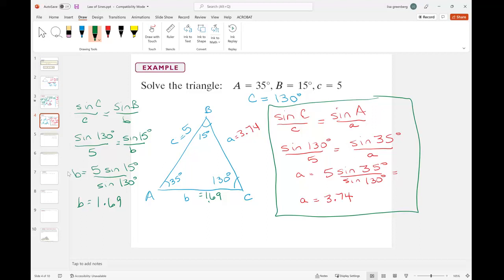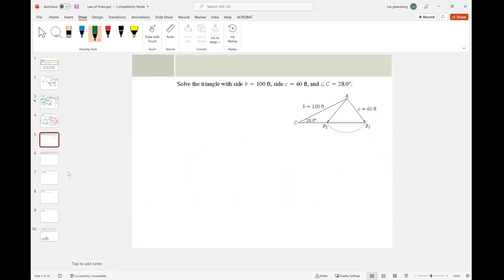Okay, so now let's see. This is where things get a little different, and I'll explain the picture in a minute. But let's say I have a triangle. And again, this time I only know one angle, which is C, which is 28 degrees.